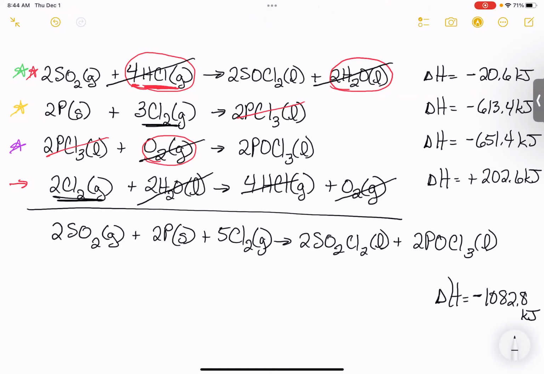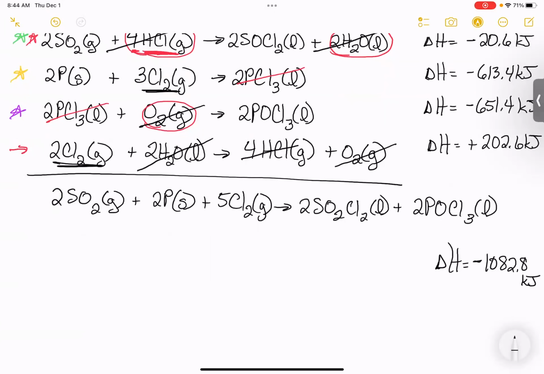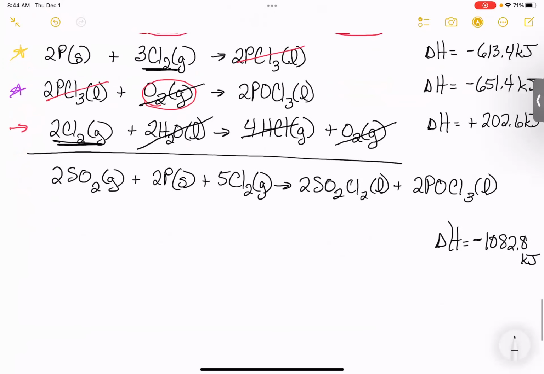Questions? Yes. Well, it's technically, so when I say these kilojoules, this actually is a great question. I love that question actually, because what this means is that there is a negative 1082.8 kilojoules per 2 moles of SO2.